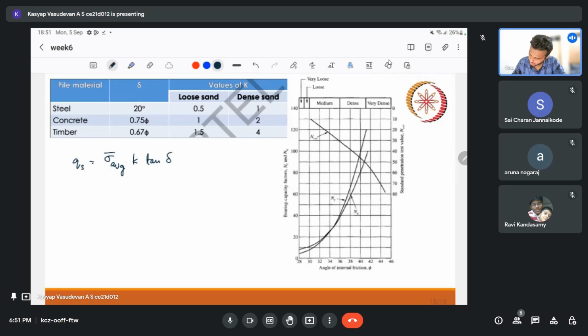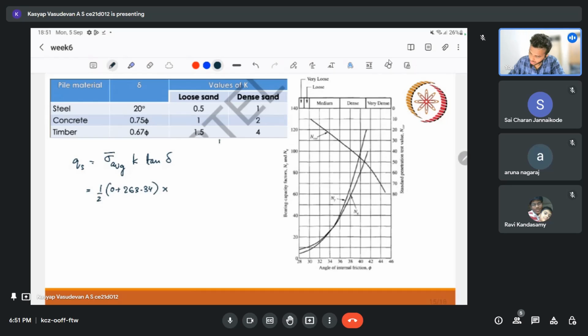So here sigma average, we know sigma average as half into 0 plus 263.34, we'll start from the top. So we have taken the average stress into K. So this is given by Bowles.